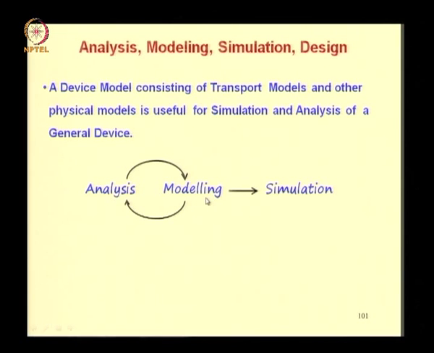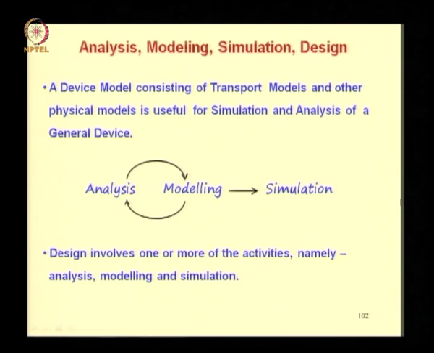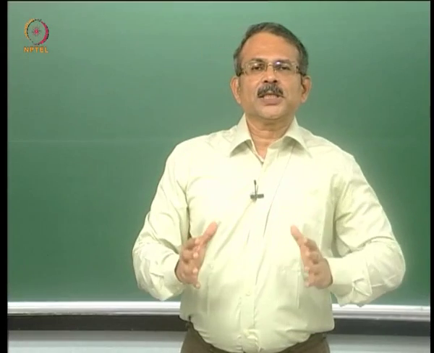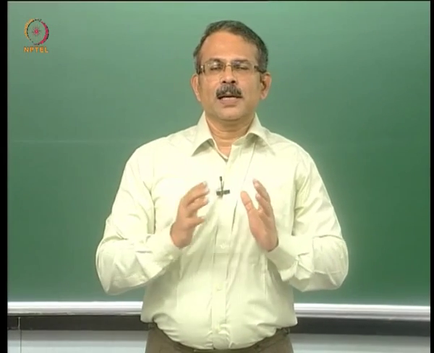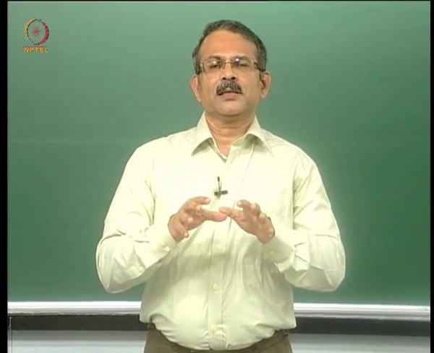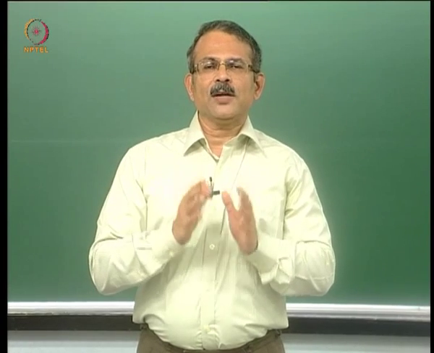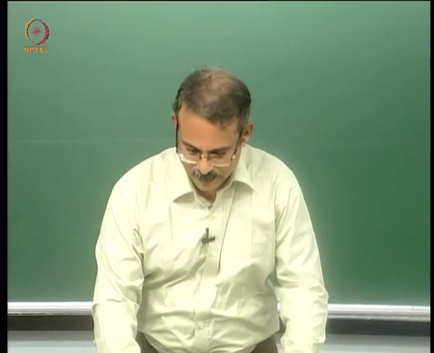So device models are used in simulation. Finally, design involves one or more of the activities, namely analysis, modeling and simulation. So this discussion on these four words, analysis, modeling, simulation and design, should clarify the distinction among these words. So it will help you to use the right word in the right situation.